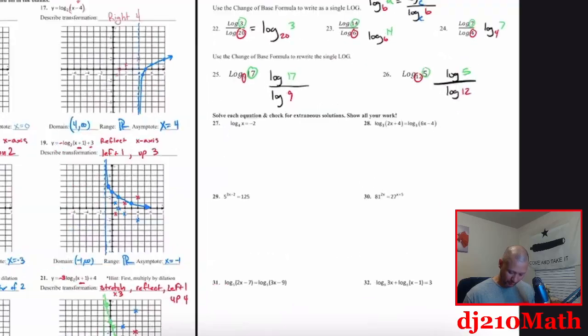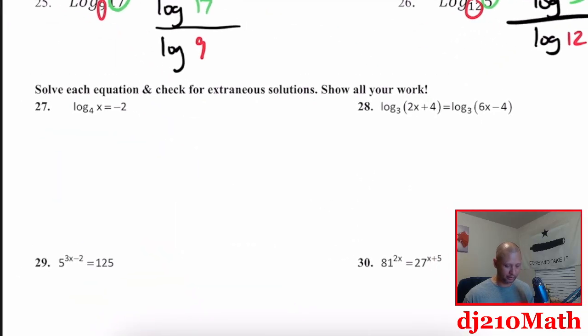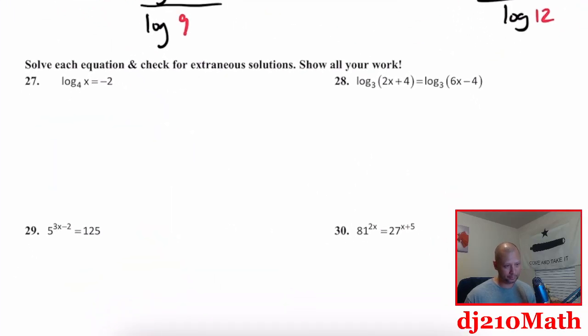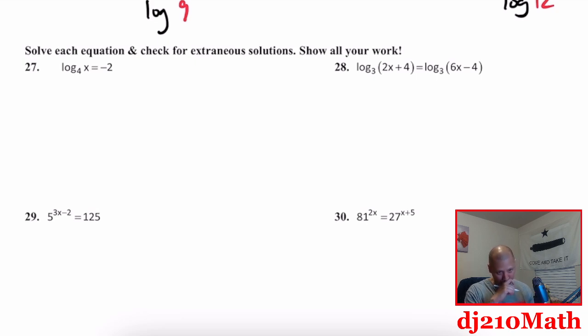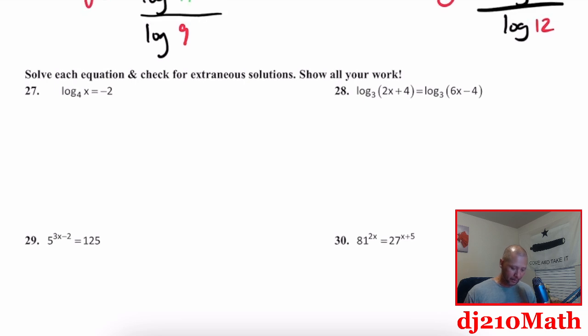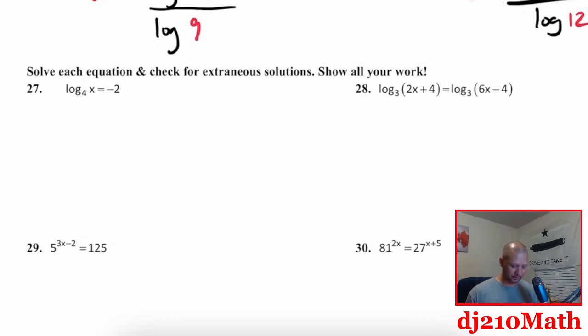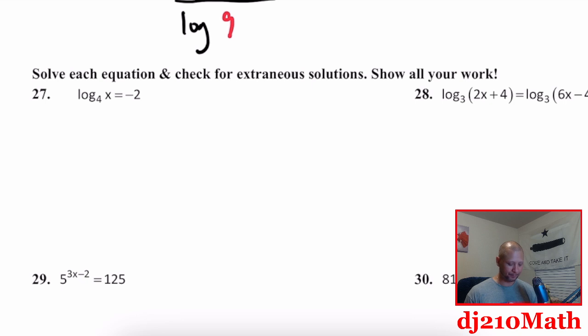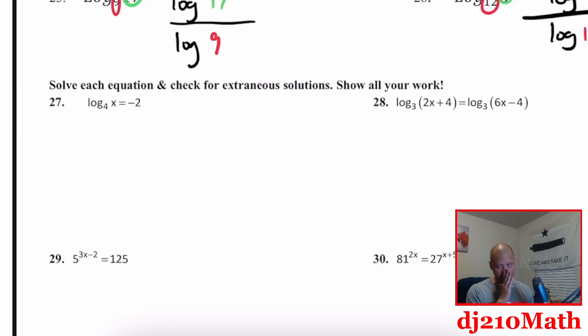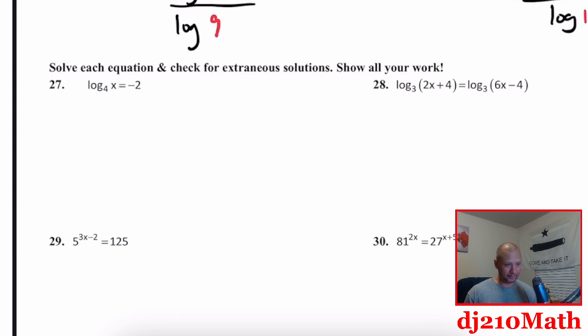27 through 32. All right, there's going to be some work. We're just rearranging and solving for x. Most of these we're going to rearrange and solve for x. Others we're going to convert.